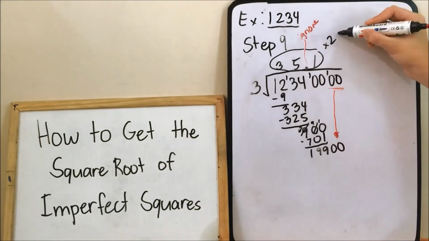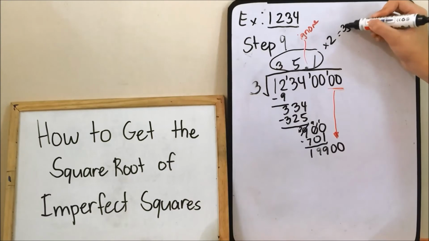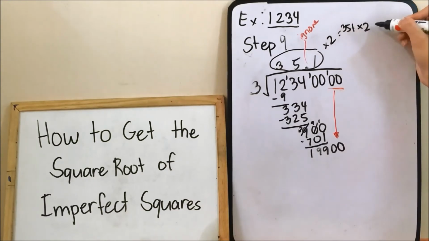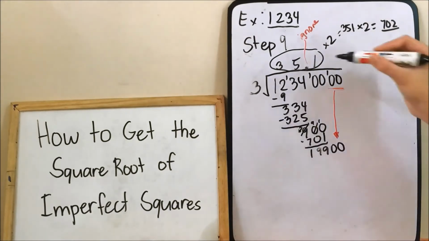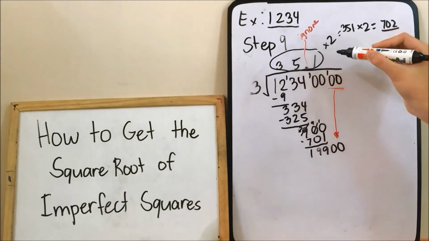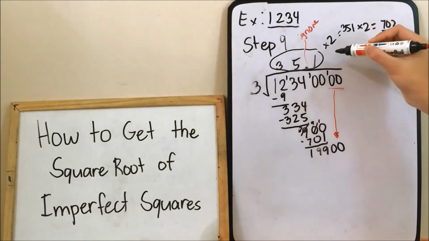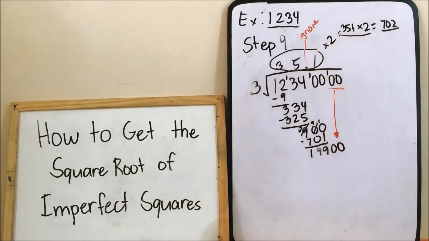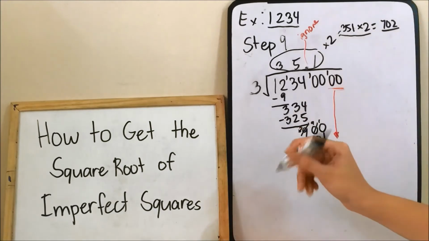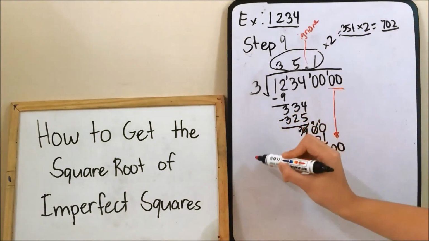So which makes 351 times 2 is equal to 702. So remember, we will only ignore the decimal point over here. So it should not be 35.1 times 2. It should be 351 times 2. So 702. We'll be putting that over here.